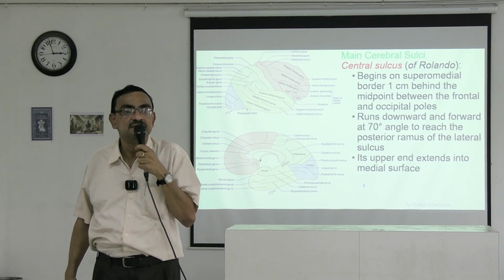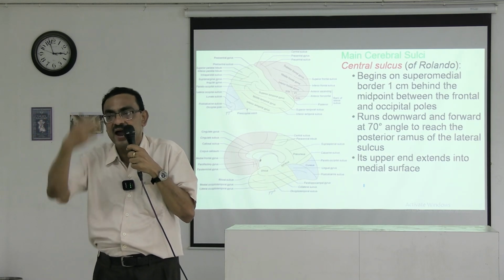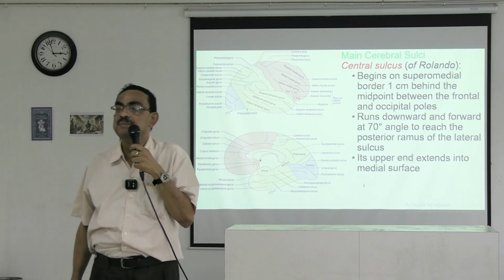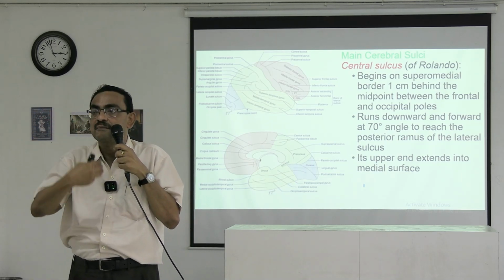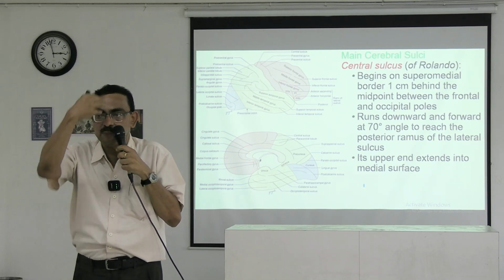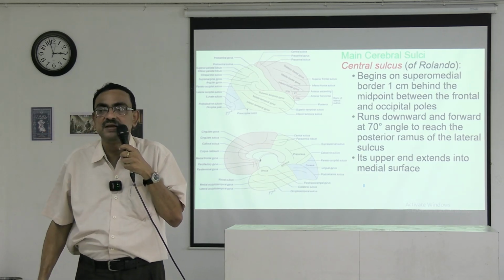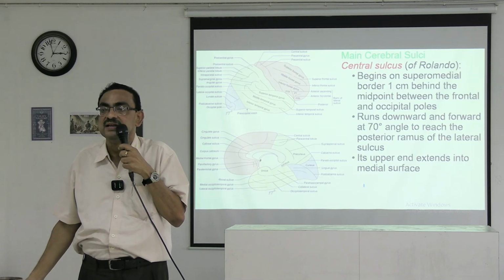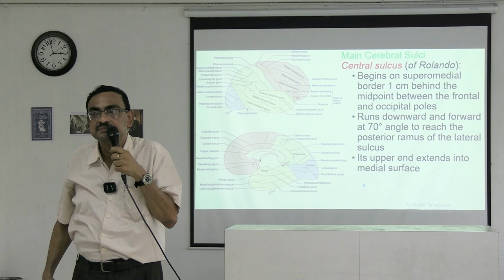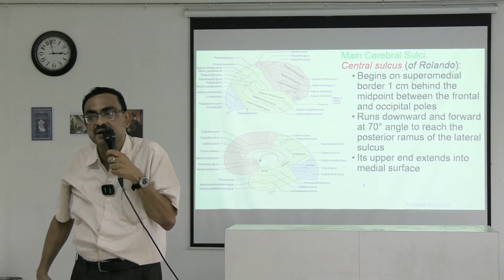Suppose I develop a right-sided hemiplegia, which means paralysis of the right side. That means there is a lesion in the left cerebral hemisphere, a cerebrovascular accident in the left cerebral hemisphere.